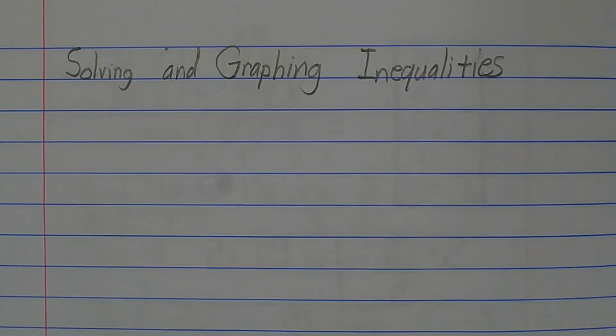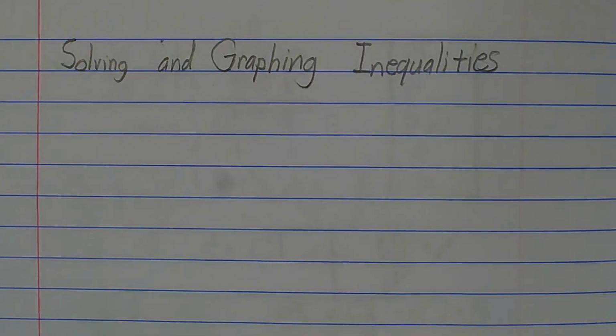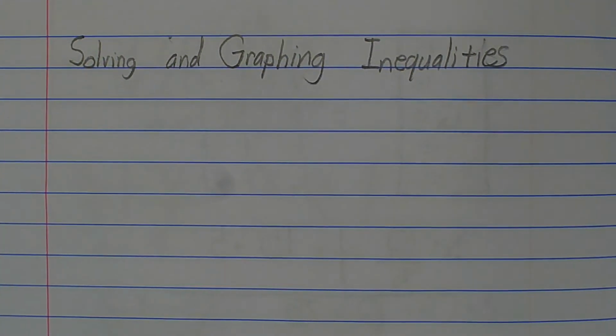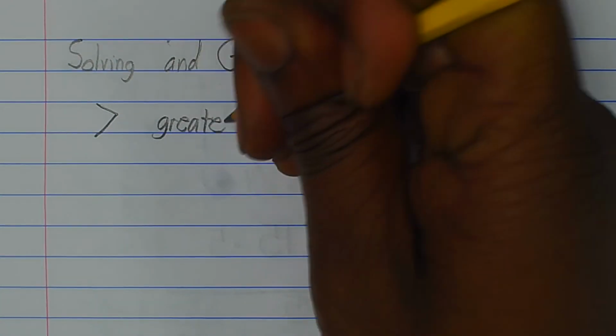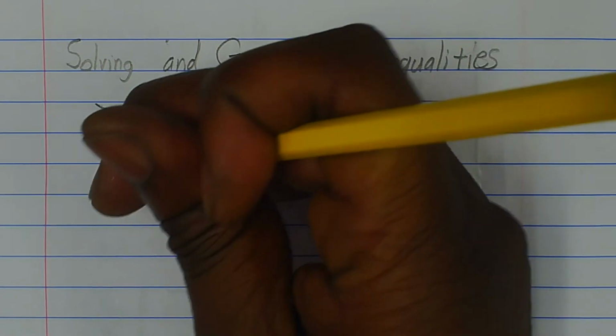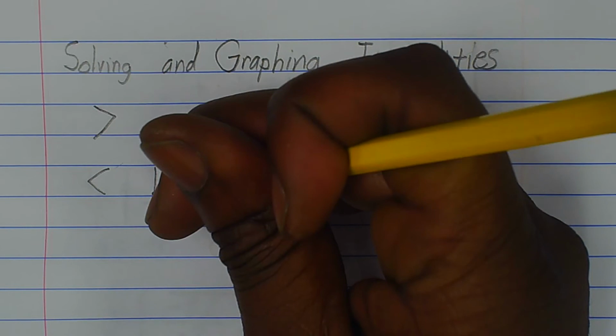Right, so again, we're going to begin solving and graphing inequalities. The first thing we need to do is make sure that we know what each symbol means. So of course, we have the following. This symbol is greater than. This symbol is less than.